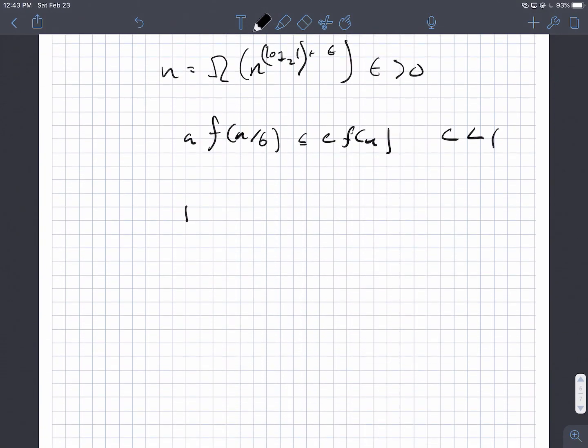So f of n over 2 has to be less than or equal to some c times f of n. Now, f of n in this case is the actual function n, for some constant c less than 1. So is there any c less than 1 such that this is true? And just a reminder that f of n over 2 would just be n over 2. So we can reduce this to.